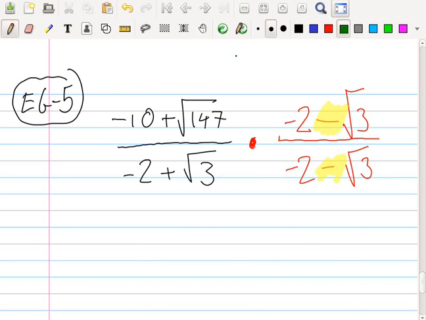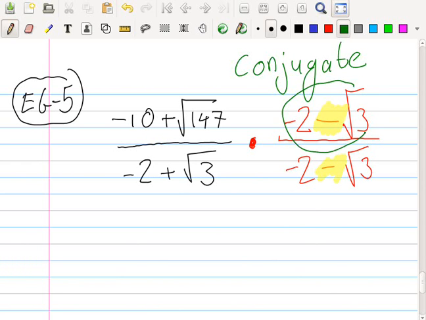Rationalize is a verb. I want the noun. Conjugate. This here is called the conjugate of this, which simply means the same thing but with the sign changed on the root. So you multiply the top and the bottom by the conjugate of the denominator.